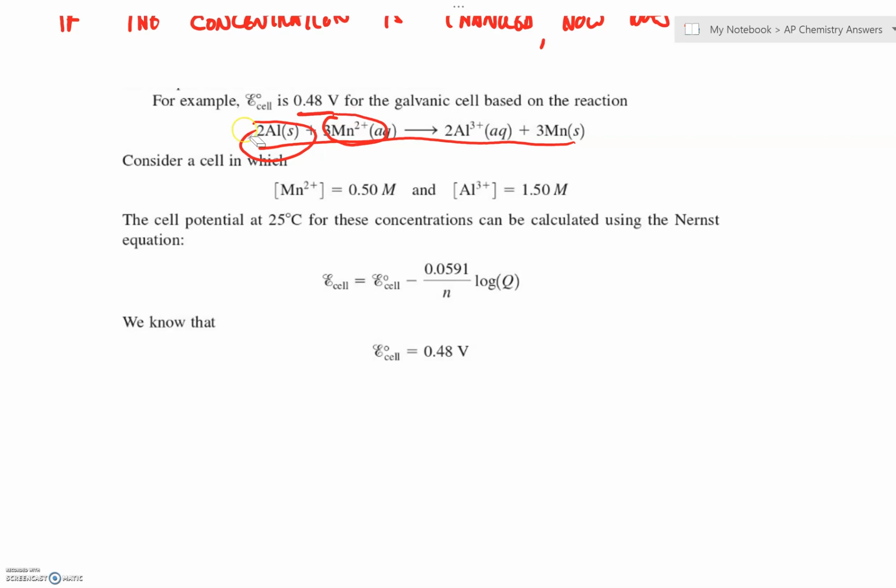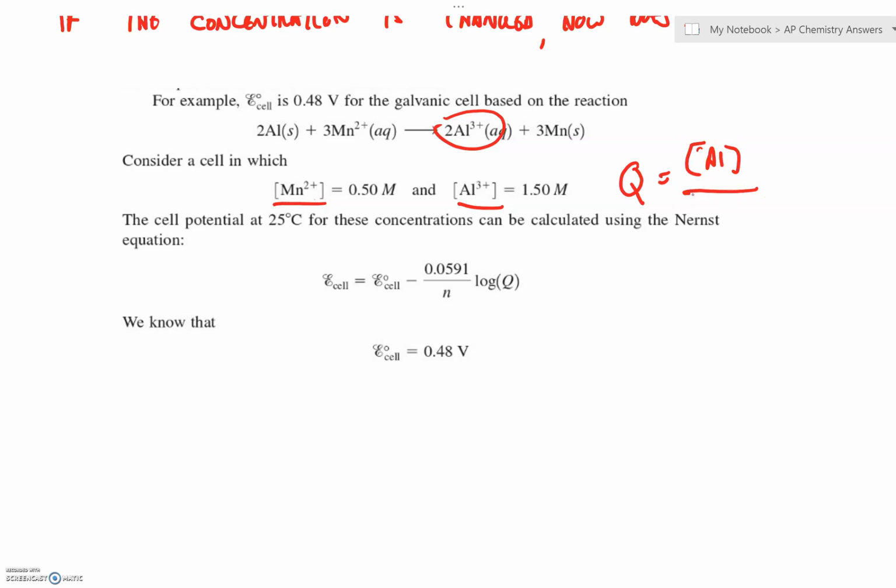Now, in this particular reaction, it's really simple because we know that aluminum here is a product and manganese here is a reactant. So our value for Q will have the concentration of aluminum over the top of the magnesium, or excuse me, manganese. Okay?